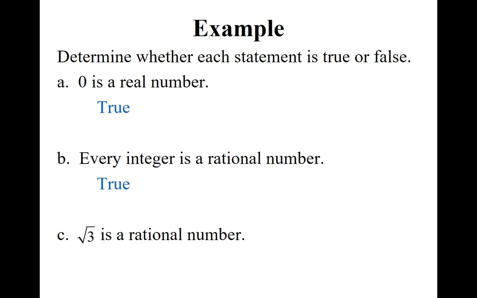Those are the only ones that terminate. Those are the only ones that are rational. The other ones are always irrational. So the square root of 3, 3 is not a perfect square. 3 is irrational. Therefore, it is false. It is not a rational number. It is an irrational number.